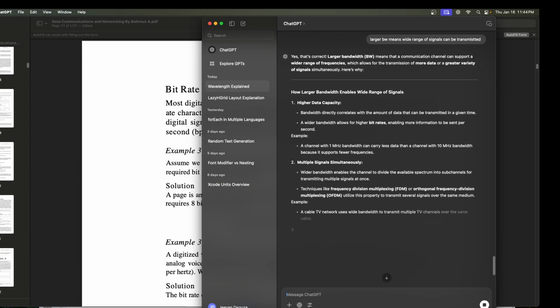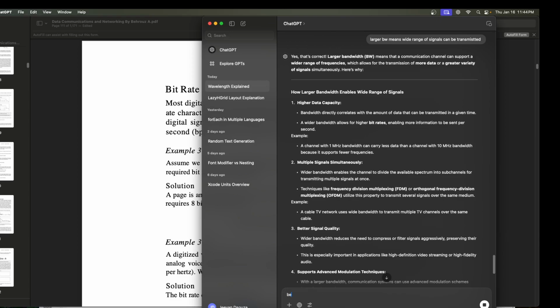Okay. More amount. Because signal will be converted to analog, and wider bandwidth means wider range of signals, capturing more information.